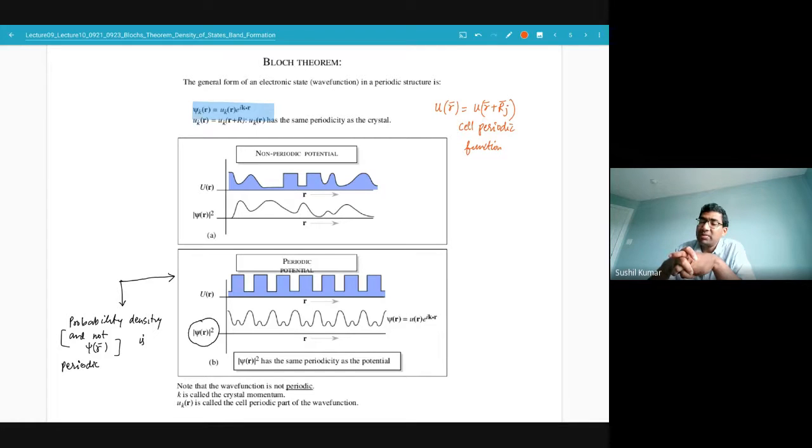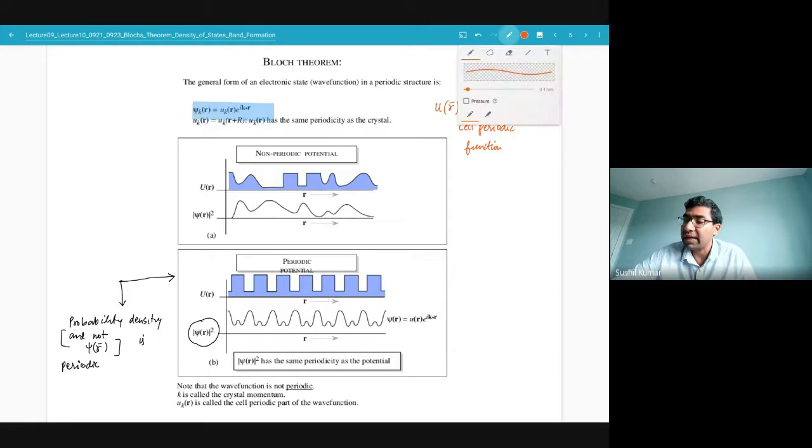What Bloch's theorem says is that the wave function of the electron, when you solve for it, must be the cell periodic function times a phase factor. And we will argue now where this phase factor comes from and what this k means. That's something which we will argue next.